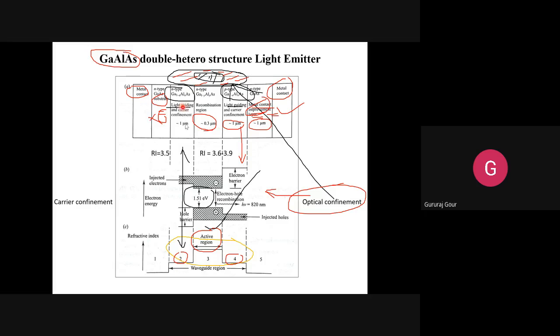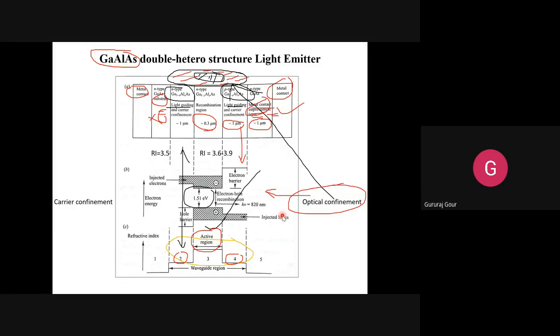That is the job of these two cladding layers, N type and P type light guiding layers. That's why they are known as light guiding layers. Their job is to couple whatever light is emitted in this isotropic pattern into the optical fiber mouth without losing it. That is the job of these light guiding layers. As a result, we get light emitted with an 820 nanometer wavelength.